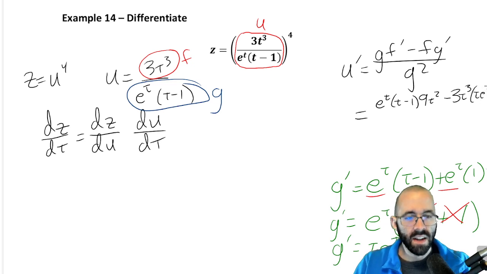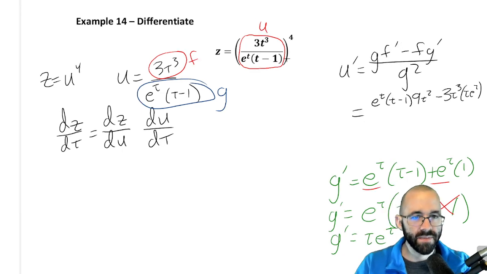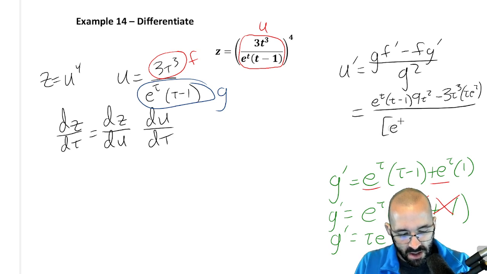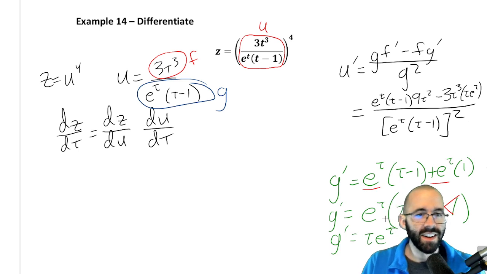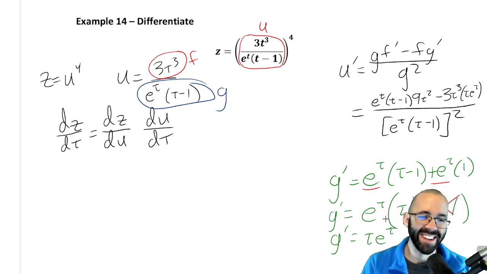Oh, always right off the screen a little bit. That's all divided by g squared, e to the t times t minus 1, like so. We could simplify this. Again, I'm not going to give you a problem this messy, okay?